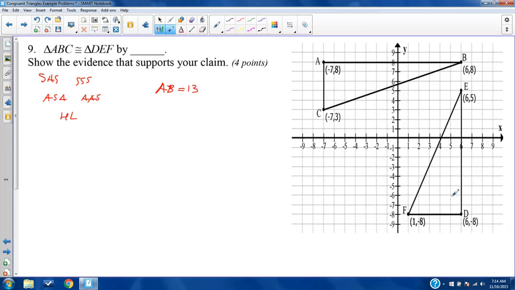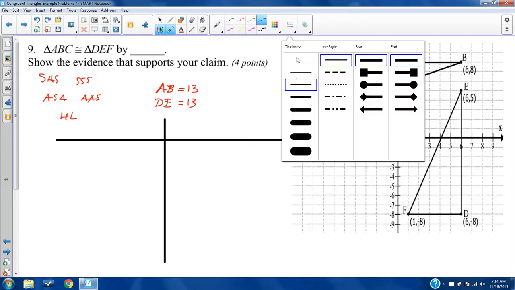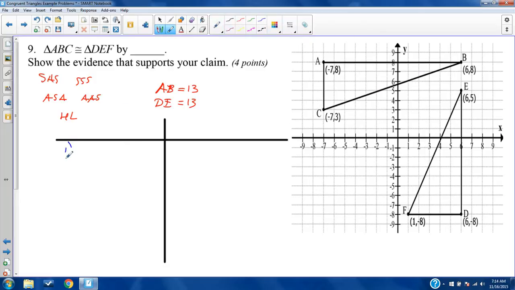If DE is also length 13, then we're kind of good to go here. So let's see. Let's do 5 minus negative 8. That's 5 plus 8, which is 13. So DE also equals 13. So let's do this kind of as a 2-column proof. So I'll say AB is 13, DE is 13.